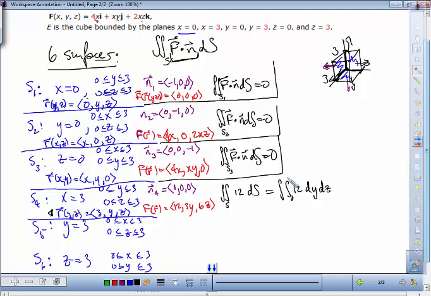So my y goes from 0 to 3, my z goes from 0 to 3. So it's just a double integral. You're integrating 12. You can take 12 out. You integrate from 0 to 3, that would be 3. Integrate from 0 to 3, that would be 3. 3 times 3 is 9. 9 times 12 is 108. All right, you got a non-zero here.